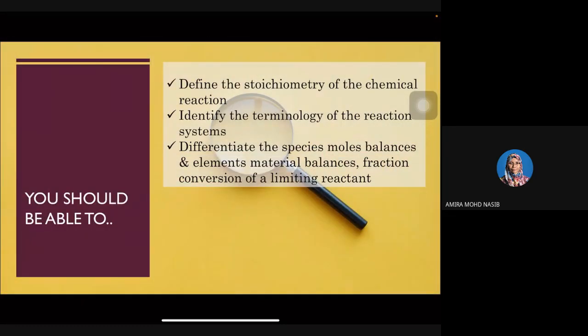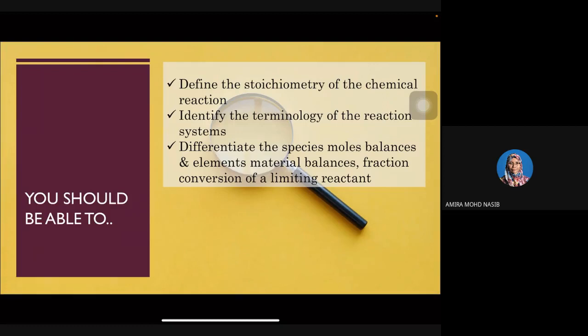So in this topic, there are three things that you need to make sure you are able to understand by the end of this lecture. Actually, there are two parts to this lecture. This is the first part. The second part will be on Thursday. So for the first part, you should be able to define the stoichiometry of the chemical reaction.